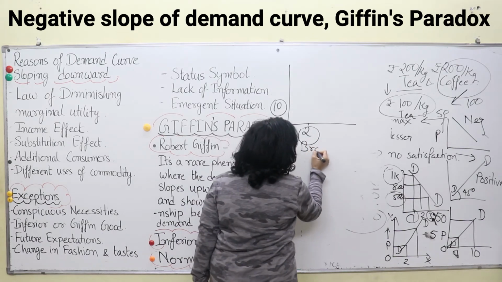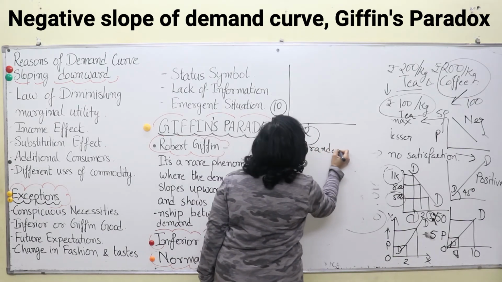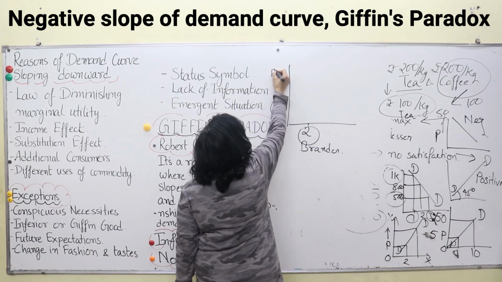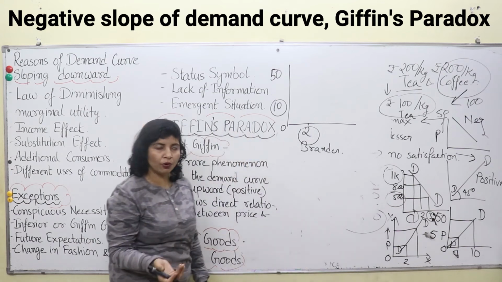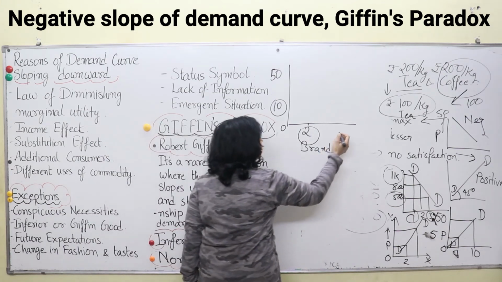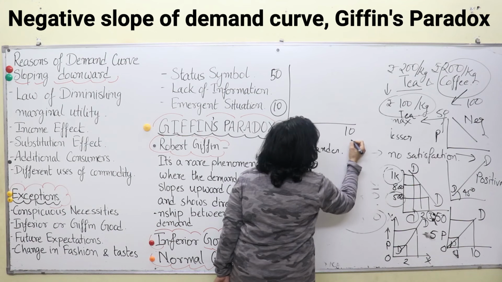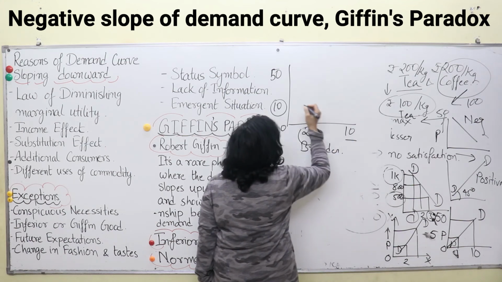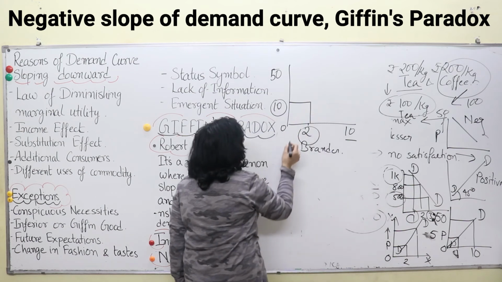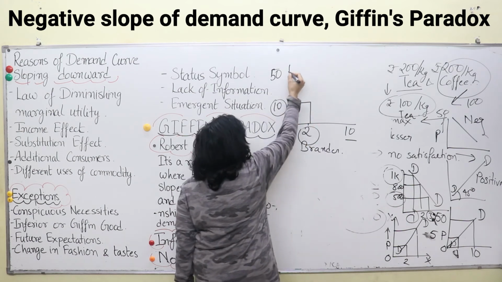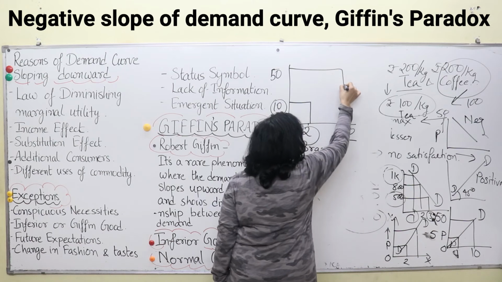Okay, demand for branded shirts. Now my income has increased to 50,000 rupees, and now I can afford more and I can purchase 10 shirts in 1 year or 6 months. That means with lower income, my demand was low, and with higher income my demand is high.